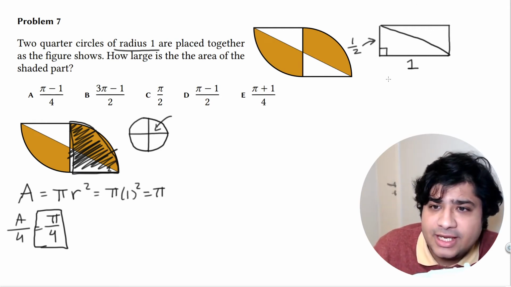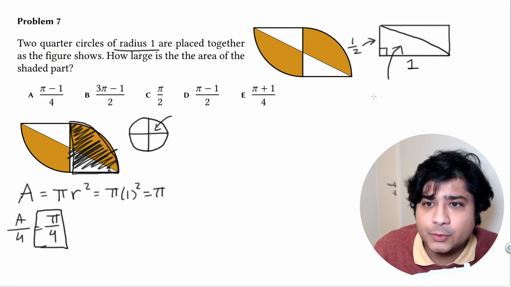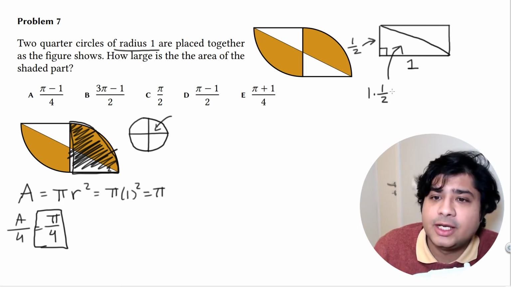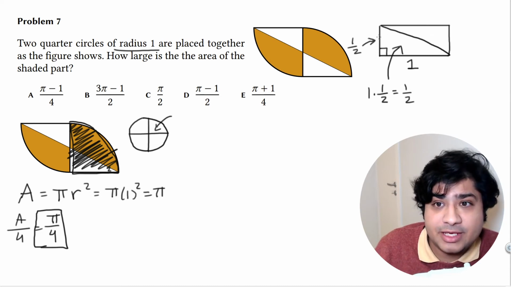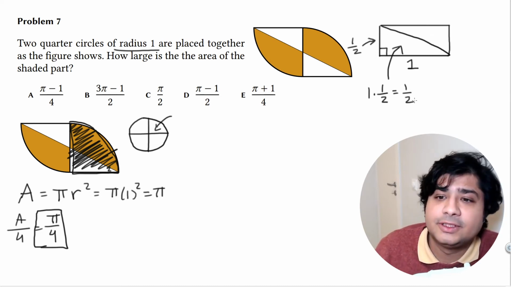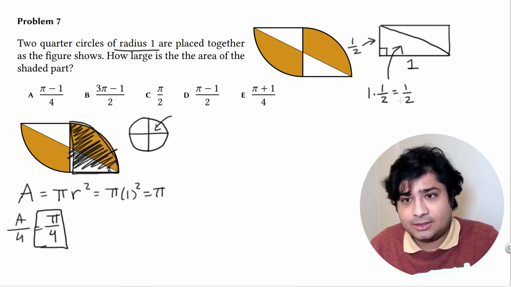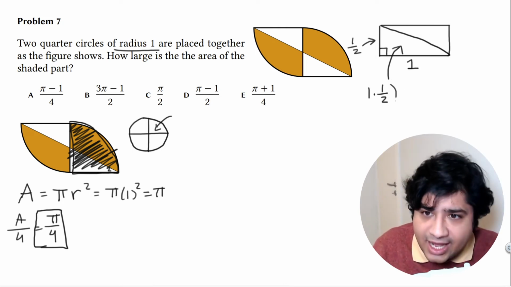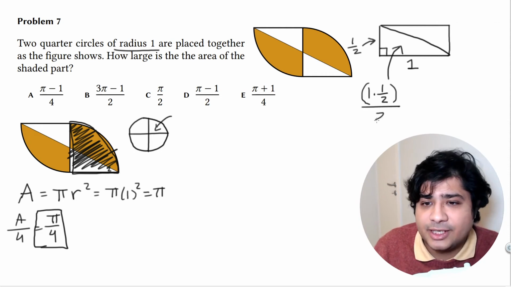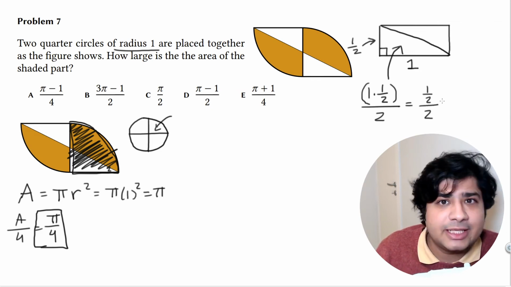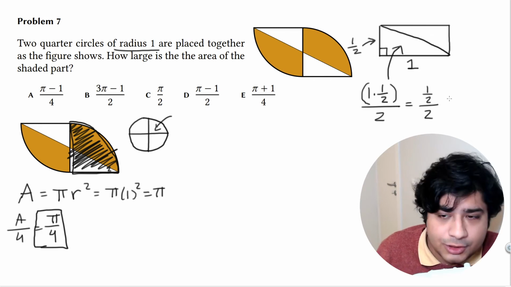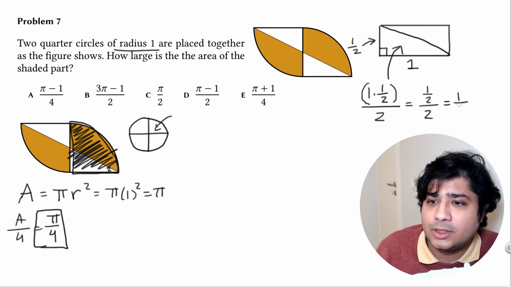So the area of the rectangle would be 1 times a half, which gives you a half. Now, that would be the entire rectangle, so let's divide that by 2. That's 1/2 divided by 2, which splits that 1/2 into 1/4. So that's going to be 1/4 like this.